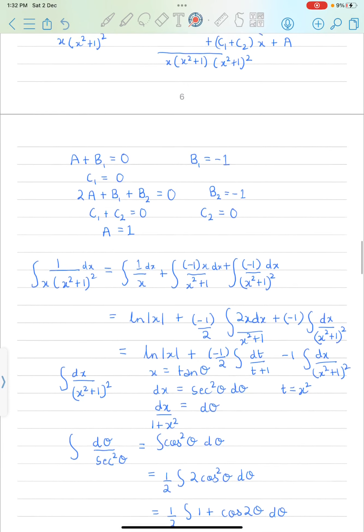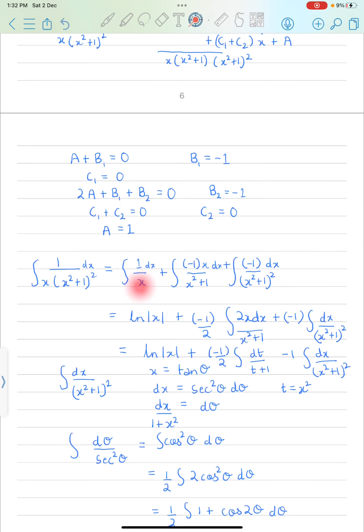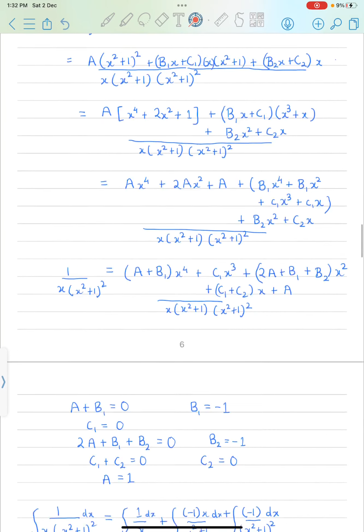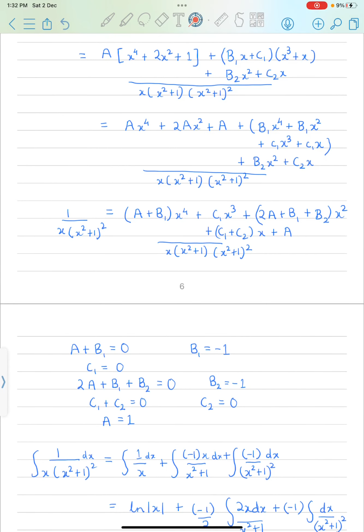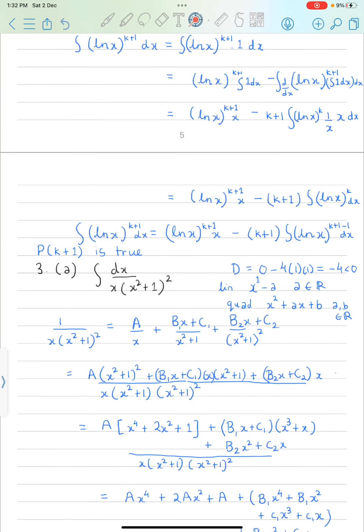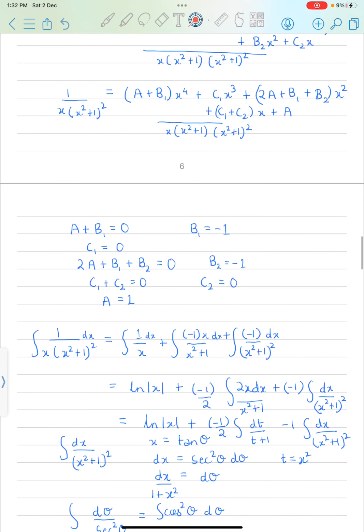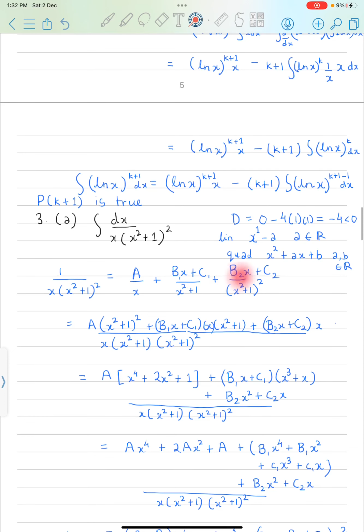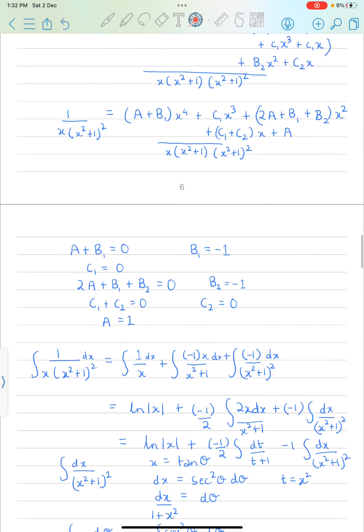If you put these values, you will get a by x, then b1 is -1, so minus x, c1 is 0, so minus x dx. And here b2x plus c2, you can check it. b2 is -1, so minus.